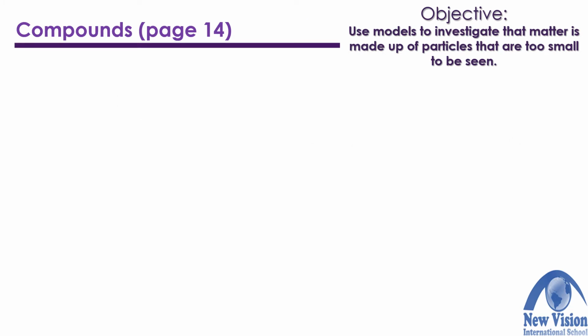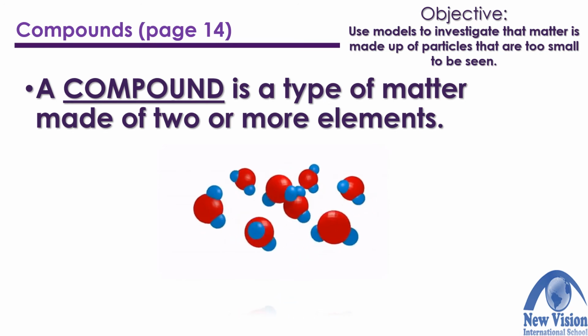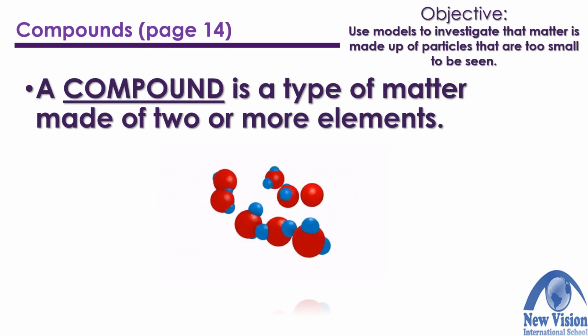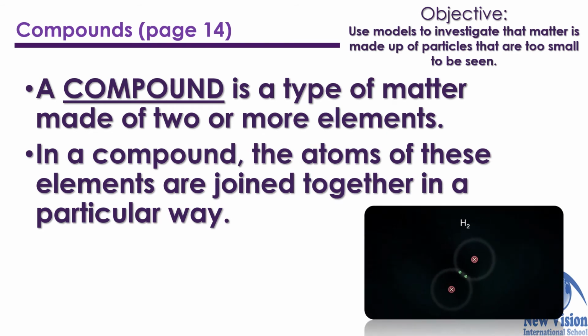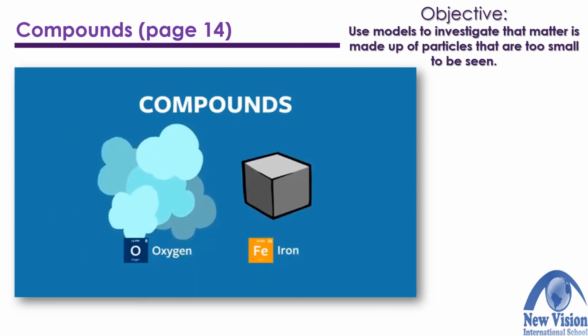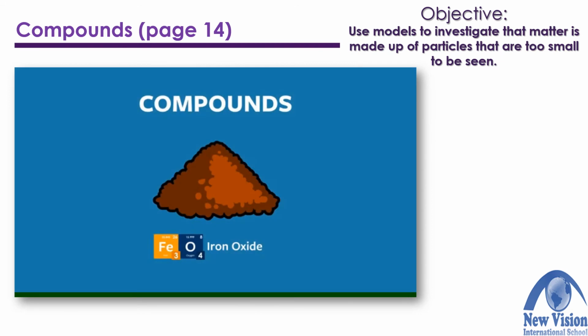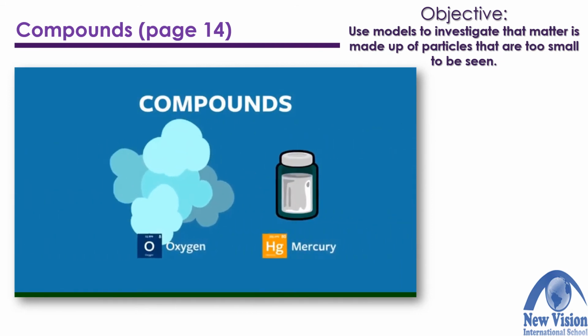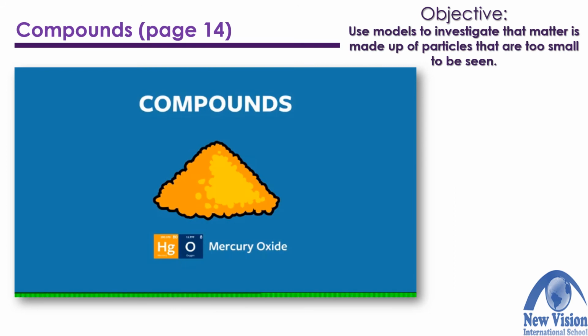Most things around you are compounds. A compound is a type of matter made up of two or more elements. In a compound, the atoms of these elements are joined together in a particular way. Under the right conditions, certain elements will react to each other upon mixing to form a new substance with new properties.